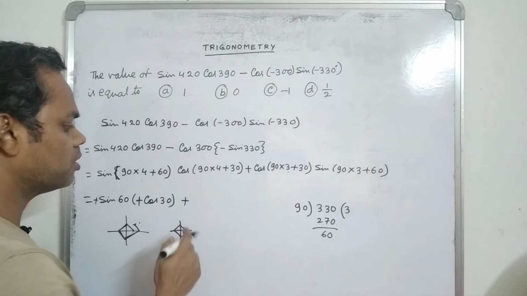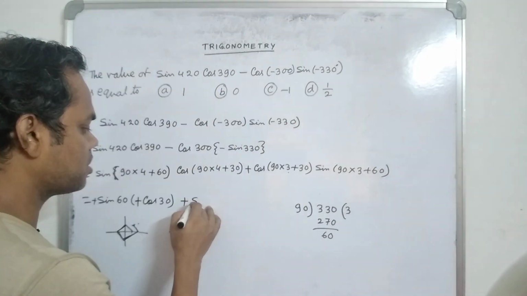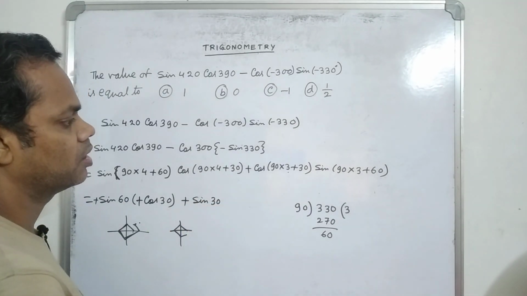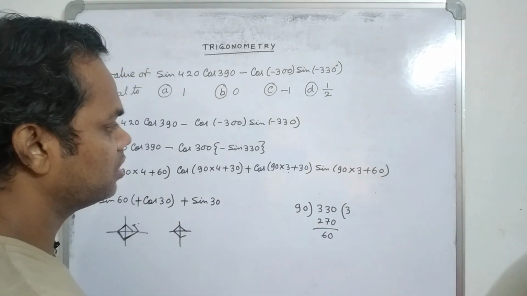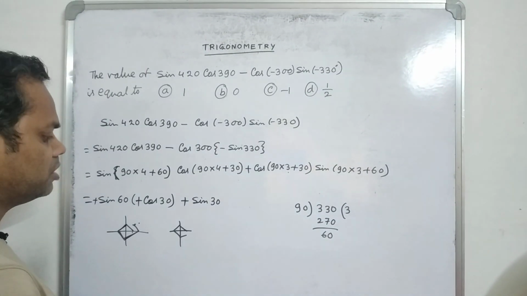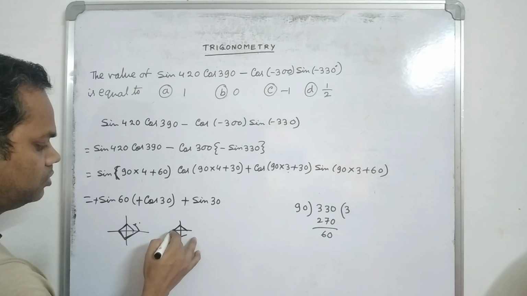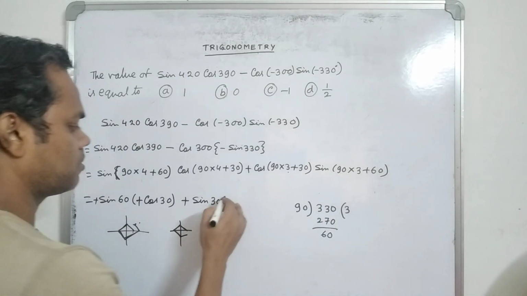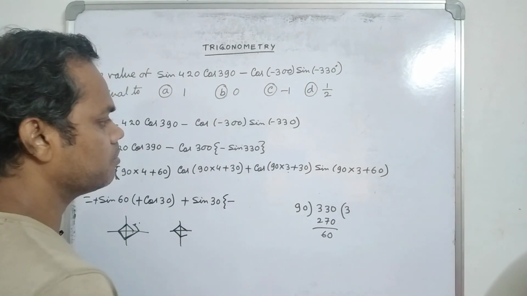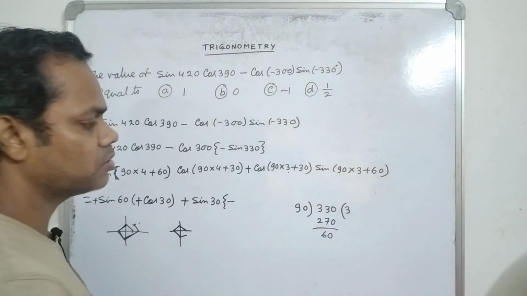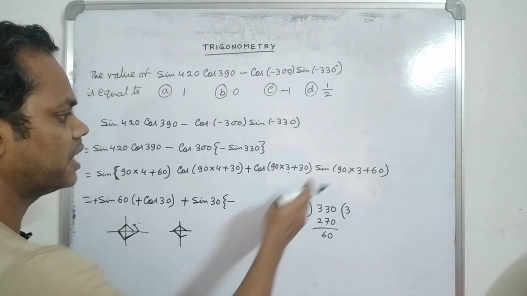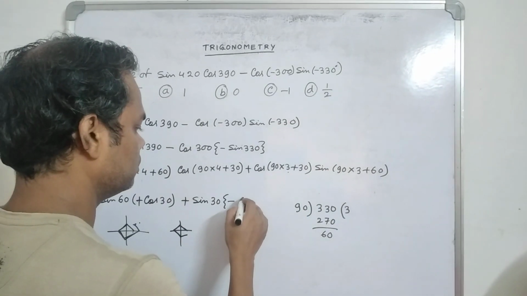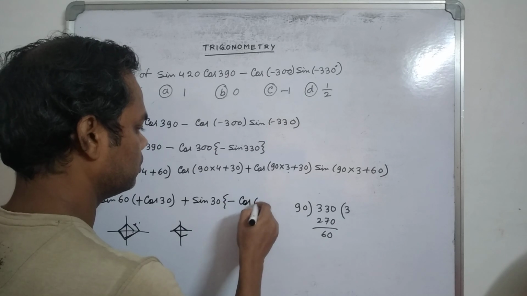The complement of cos is sine, so this becomes sin 30 degrees. Similarly, sin(90 into 3 plus 60) lies in the fourth quadrant, where sine is negative. 90 into 3 is an odd multiple of 90, so sine changes to its complement, cos, so this is cos 60.